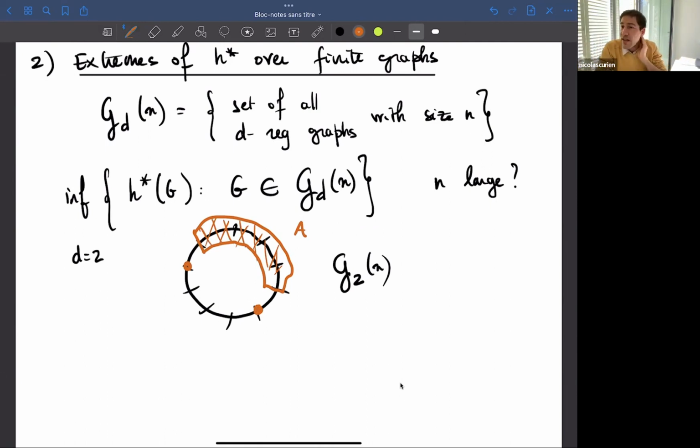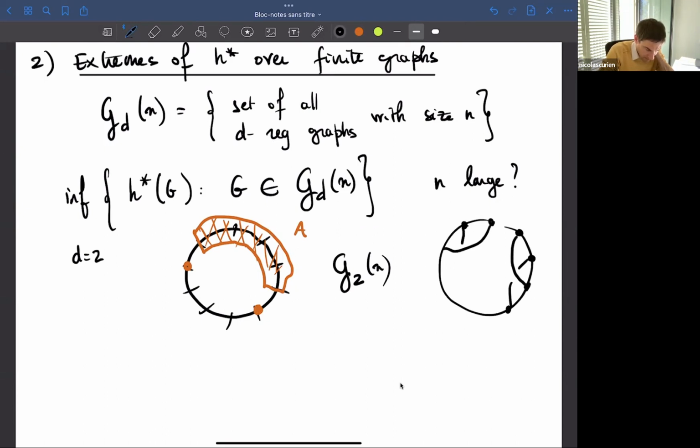You will tell me, oh, but that's very specific to D equal to 2. No, it's not. Because if you were to take degree 3, then you can mimic this construction and take something like that. This graph will have degree 3, and you go on forever.